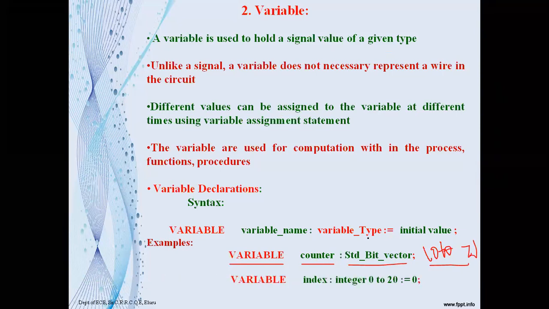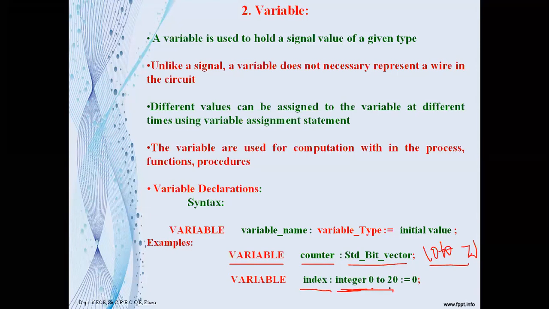And take another example, see here, index. Index is a variable, and what is the data type here? Integer, 0 to 20. So what does it mean here?